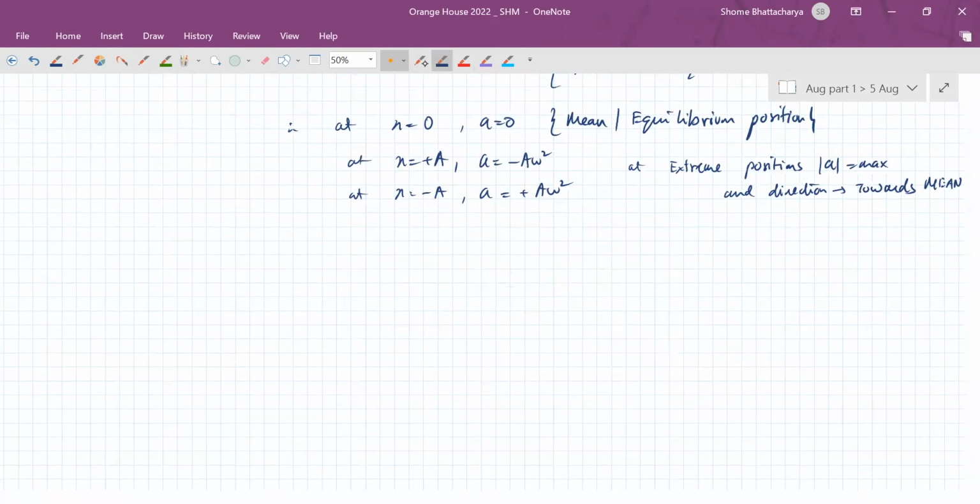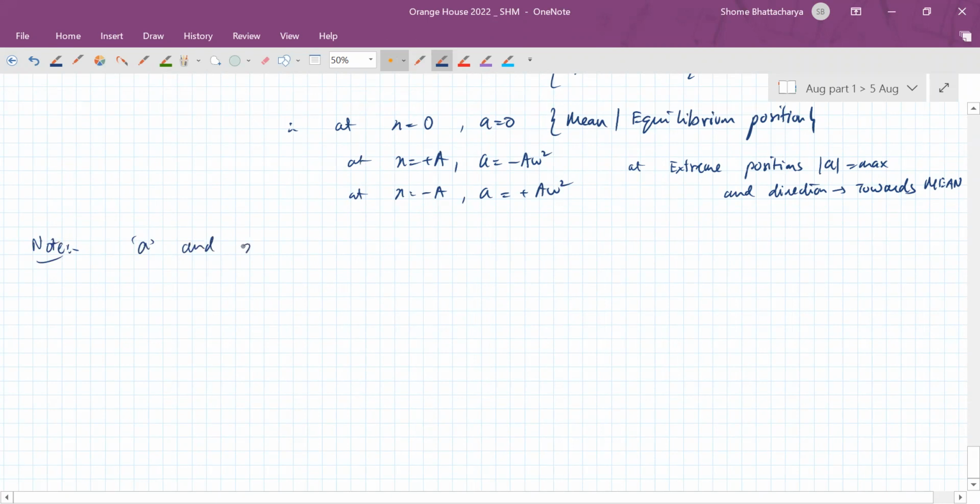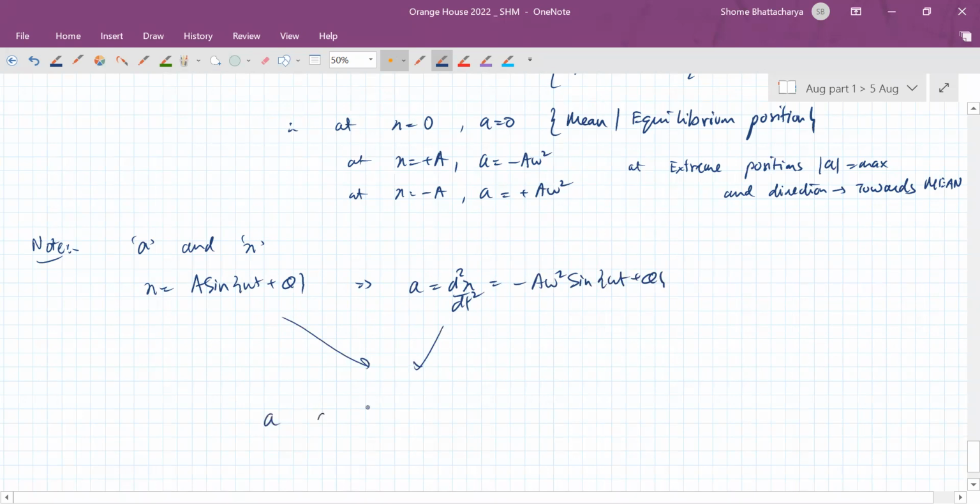Okay. Now one more important thing over here is the relationship between acceleration and displacement. From the above equations, when x is described like this, then the acceleration, which is basically d2x by dt squared, becomes minus A omega squared sin(omega t + phi). So comparing these two equations, you can see that acceleration, or you can also write it as d2x by dt squared, is minus omega squared times x.